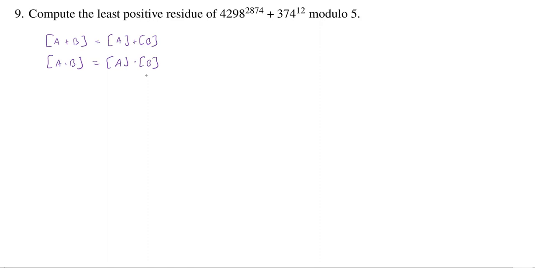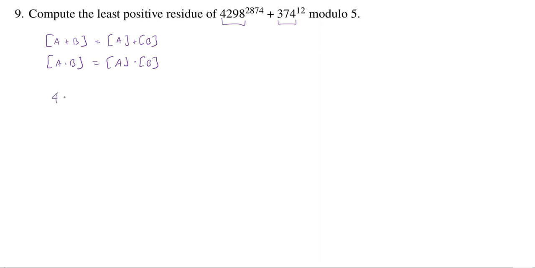Okay, so this tells me all I need to do is actually work out what the residues are for 4,298 and for 374. And then I'll have a smaller problem, all right?